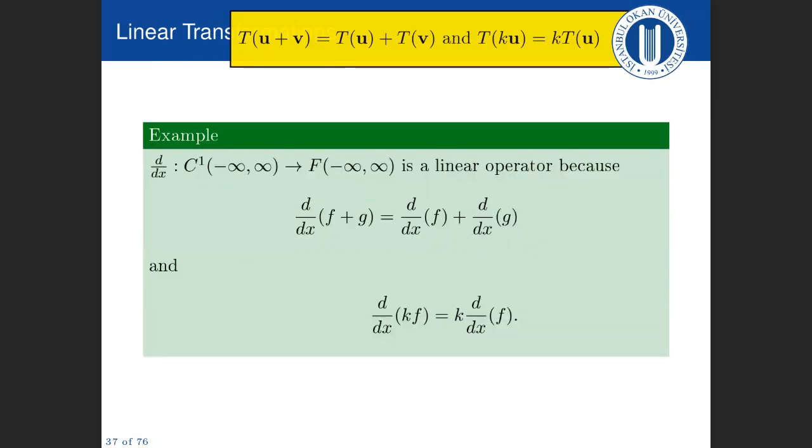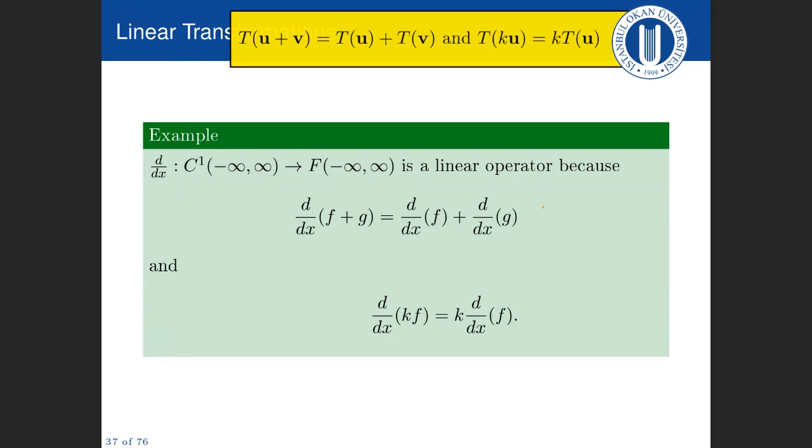Another example. The derivative, or the differential operator, on C1, the vector space of functions which are differentiable and have continuous derivative, mapping to the vector space of all functions, is a linear operator. Why?